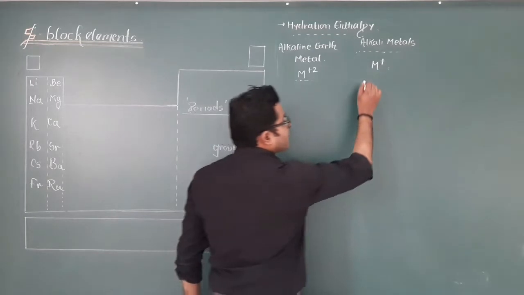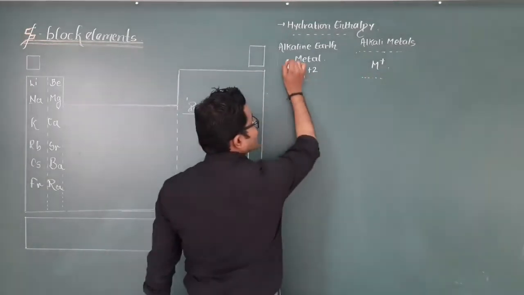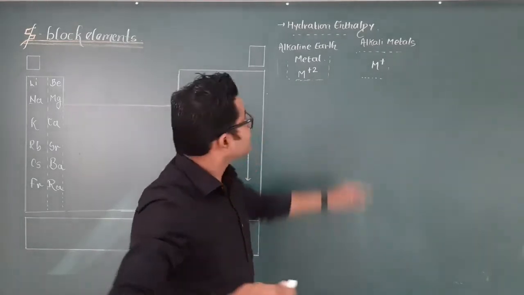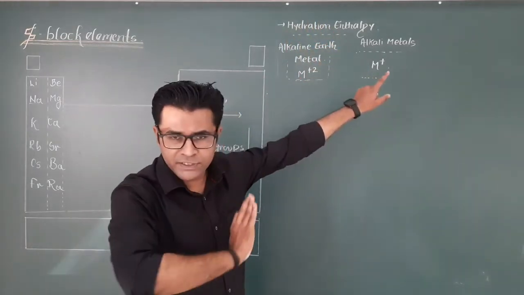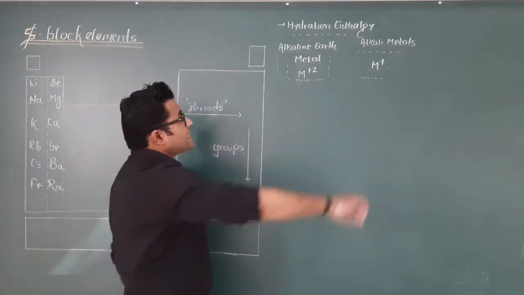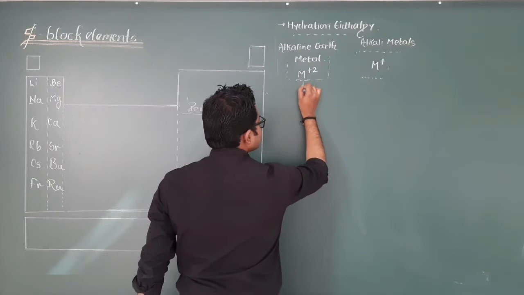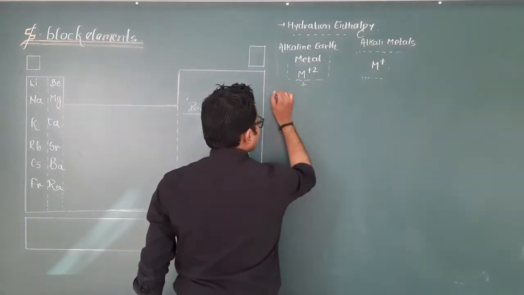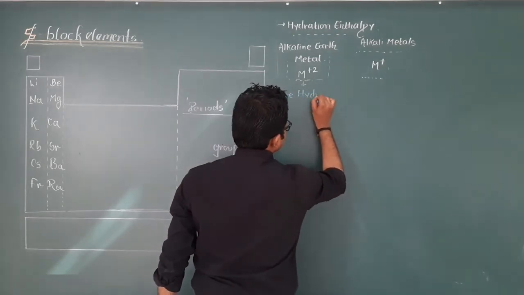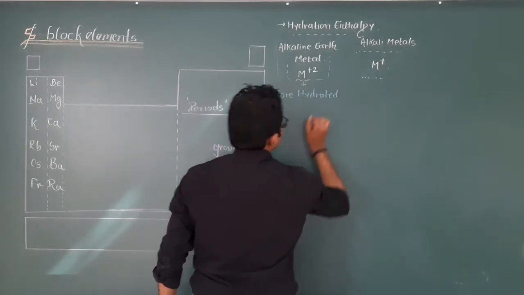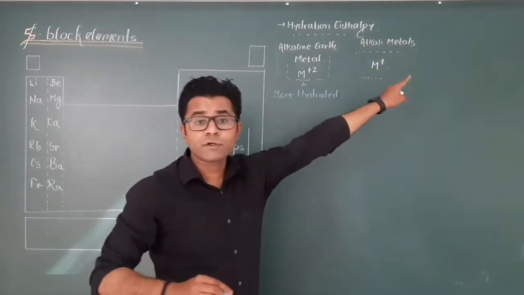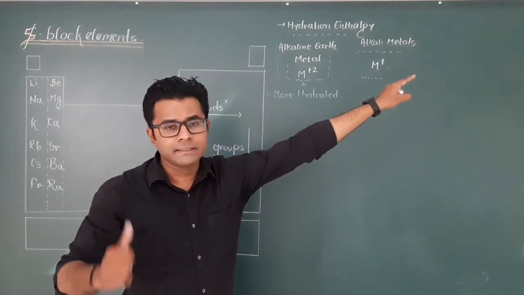So what will happen is, smaller the size of an atom or an ion, more is the hydration enthalpy. Quite a simple relationship, due to which we can say that these alkaline earth metals are more hydrated, or you can also say that they exhibit more hydration enthalpy when we compare to that of the alkali metals.